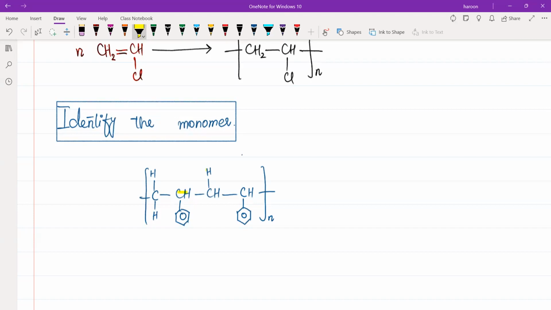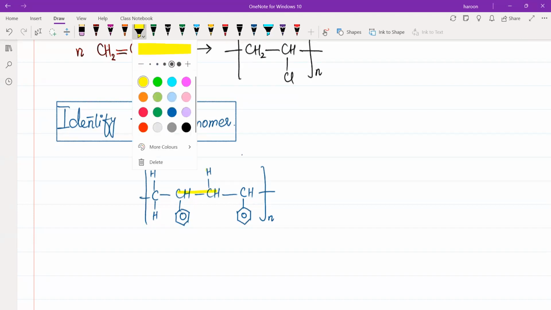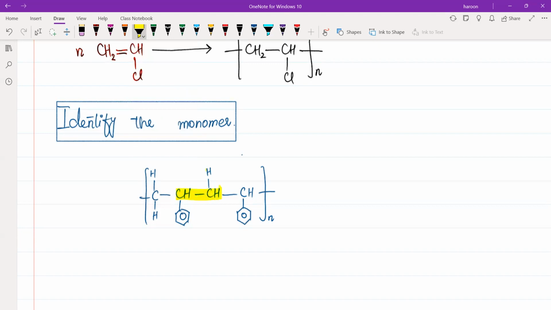Okay. This one? No, the one before the first carbon and the second carbon. Okay, so you want to say this is the monomer, right? Yes. Good, good, good.